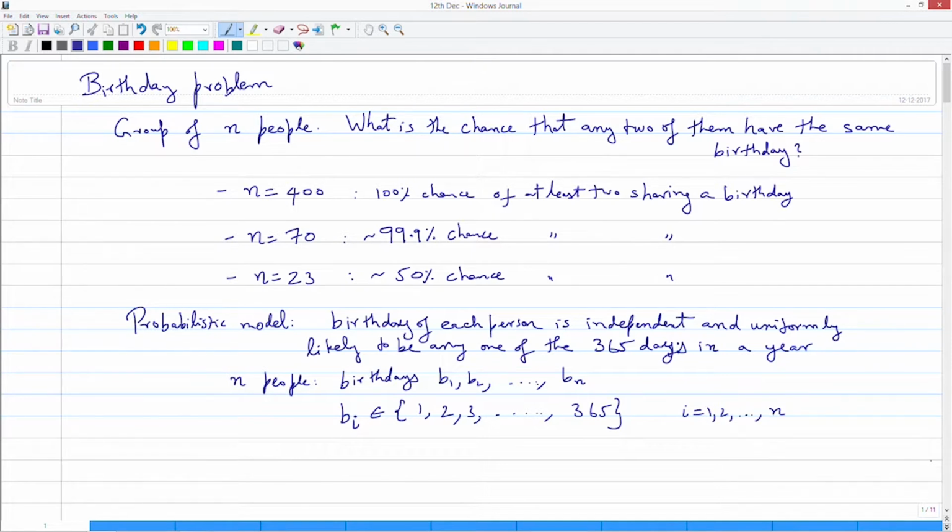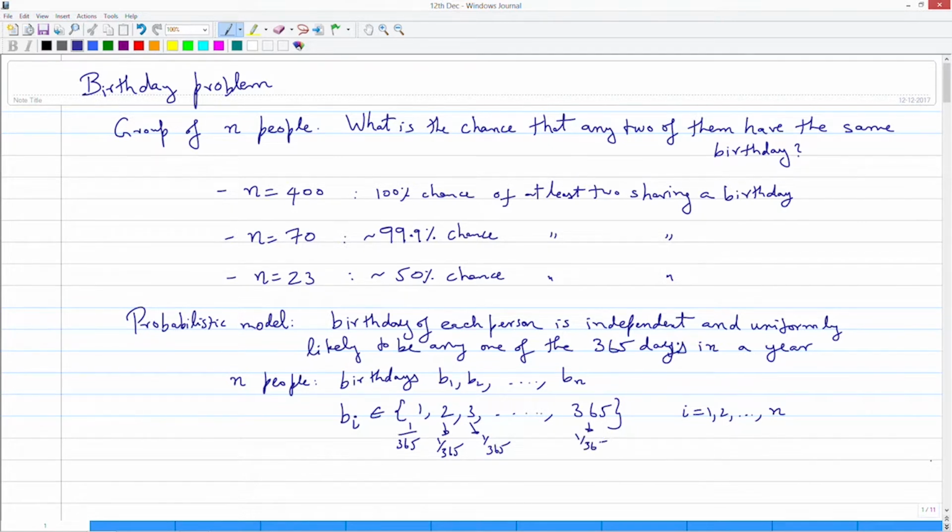Every Bi can be either 1 or 2 or 3 all the way till 365. Remember, 365 would be December 31st, 1 would be January 1st. Okay, so that is just the way in which I am counting the days of the year from 1 to 365. So, each of these is 1 by 365 in probability. This is 1 by 365, this is 1 by 365 all the way till here.